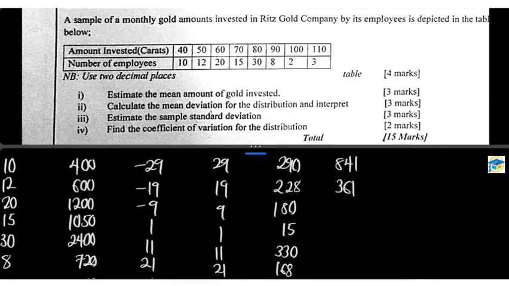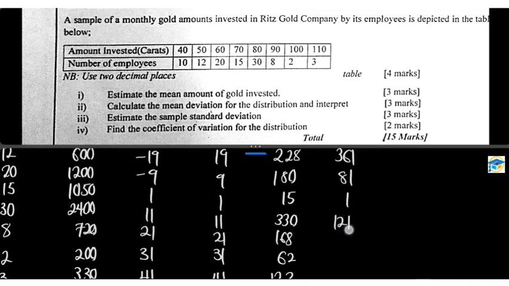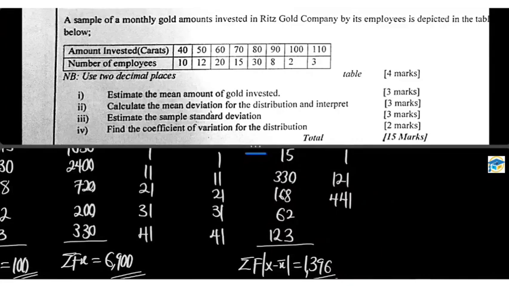And move on and on in that particular case. Negative 9 should fetch me 81. 1 should be 1, right? 11 should produce 121. Then 31 should fetch me what, 441. And then 21 rather, and 31 should be able to generate 961.